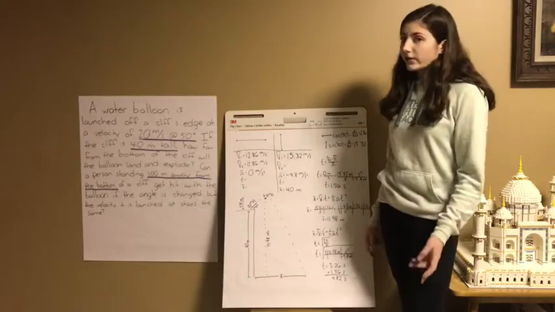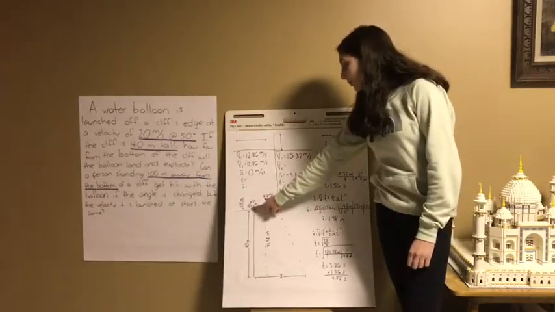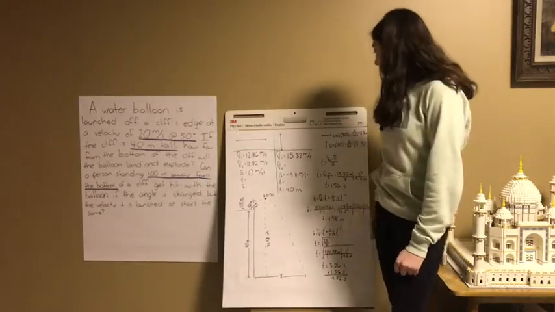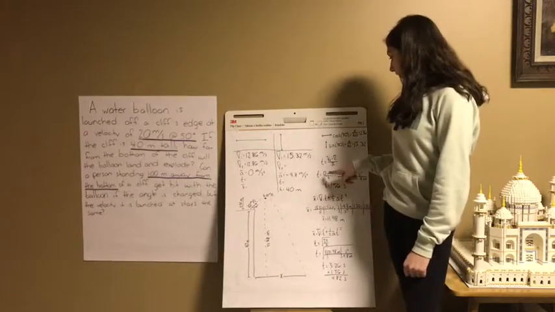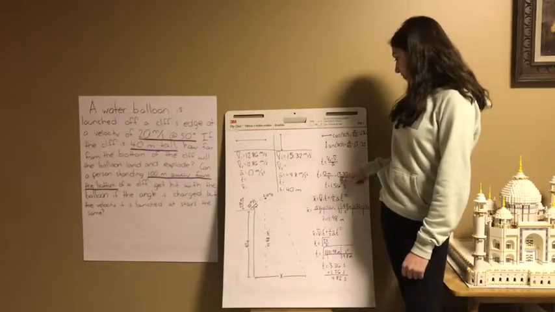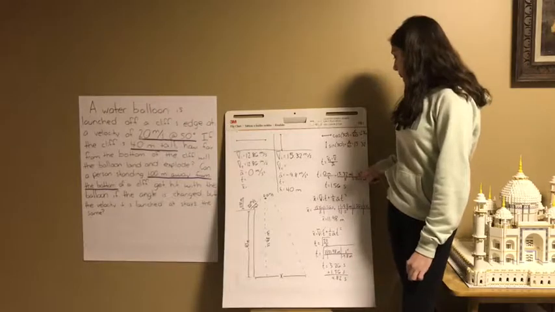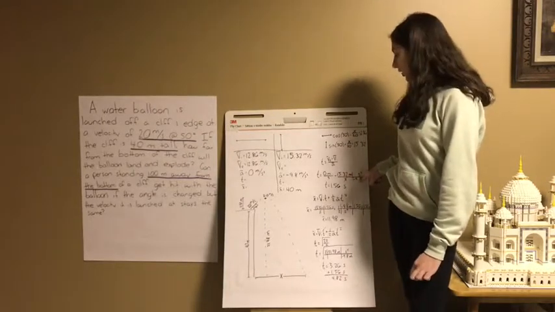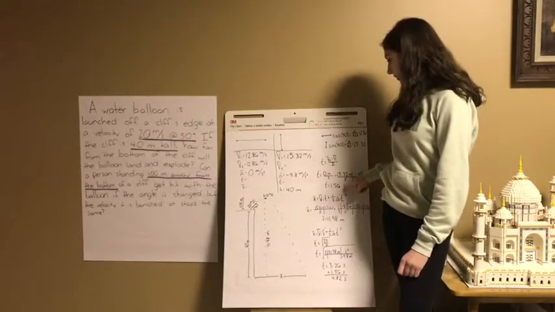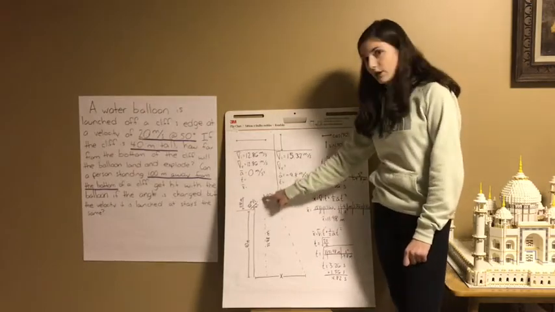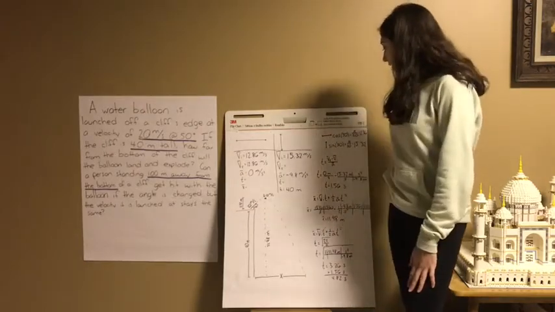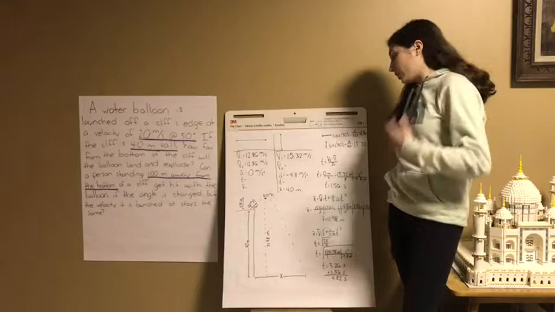So we can use that as the final velocity and find the time from here to here first. Plugging in, the final is 0 minus the initial, 15.32 meters per second, all over the acceleration, and we get 1.56 seconds. That is only the time from here to here. It's not the total time, and we still don't have enough information to find the total time.